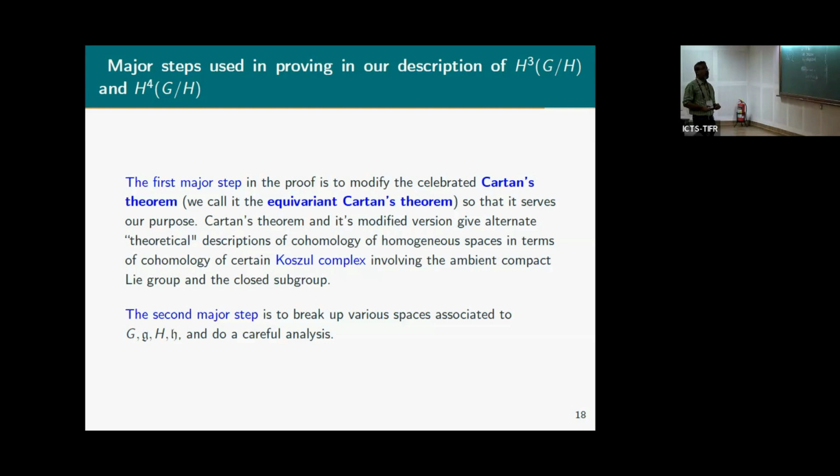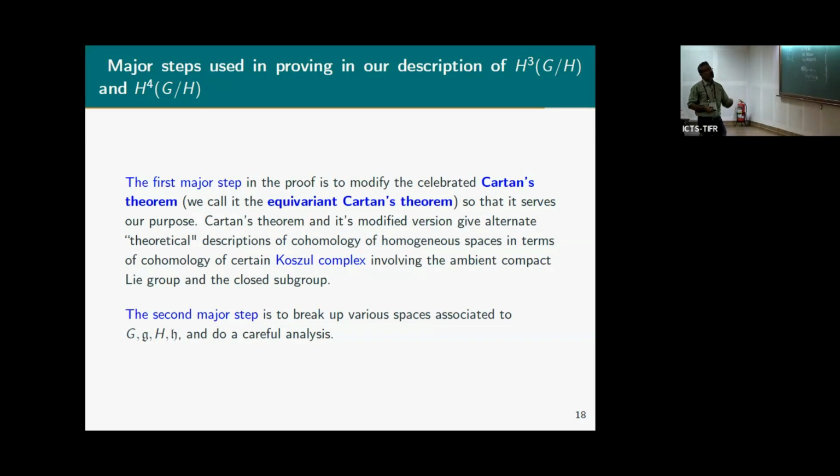So the point is that we have this classical way to look at the cohomology of G mod H, but there is also another way, which is also not so recent, the Cartan theorem. It's a technical theorem which describes the cohomology of homogeneous spaces, and I cannot describe it now.